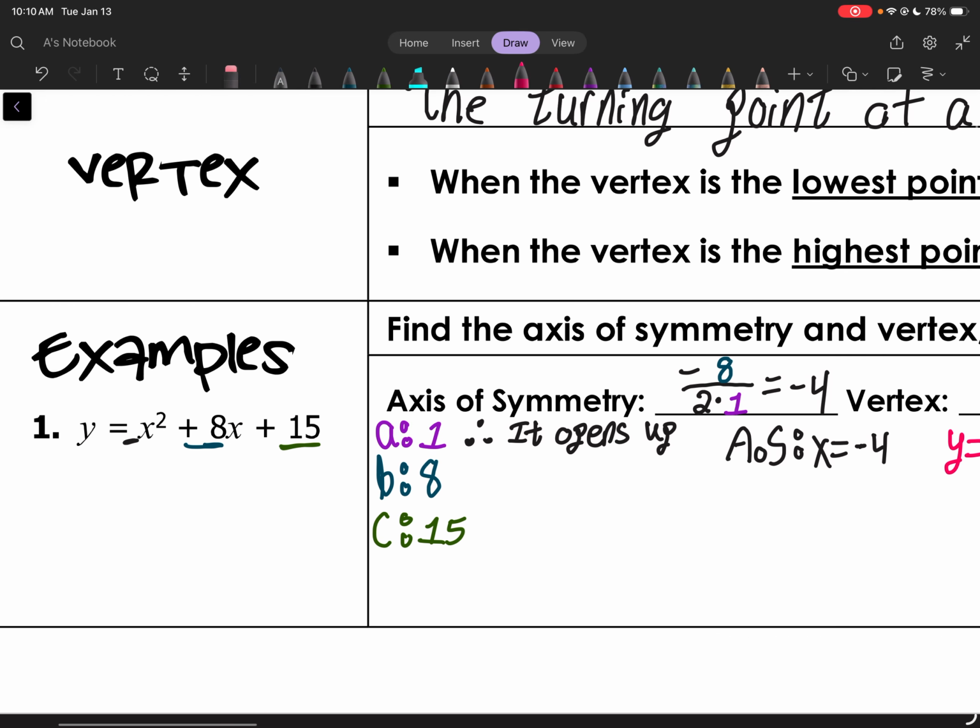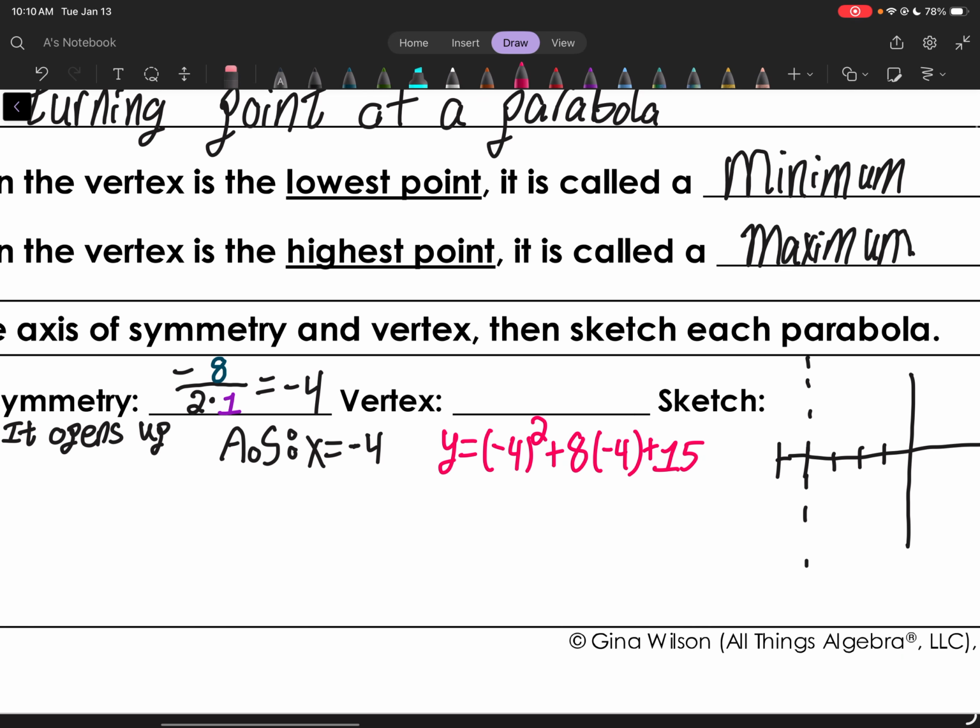I'm going to go back and make sure I was right on that. Yeah. Whenever you do this, you're going to get negative 1. So my vertex is negative 4, negative 1.